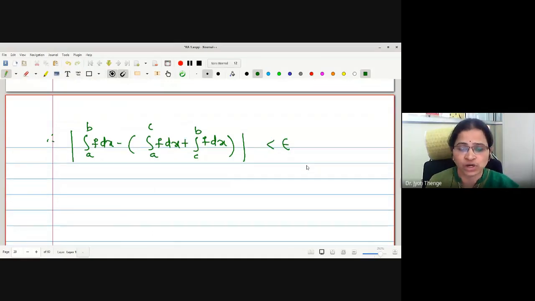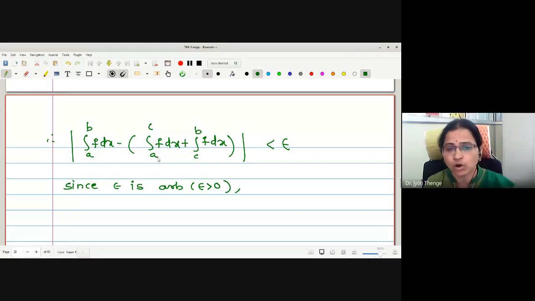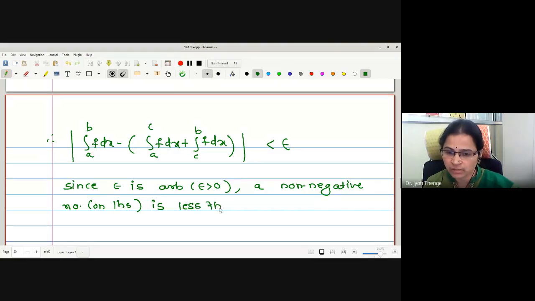Now what is the justification? Since epsilon is arbitrary, epsilon greater than 0, therefore this quantity on the left is a non-negative number. A non-negative number on LHS is less than every positive number.